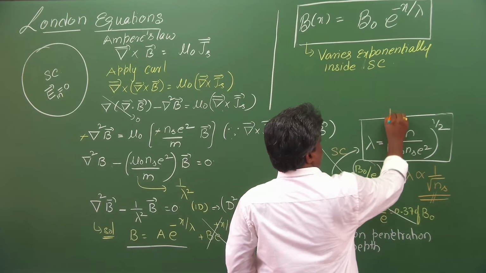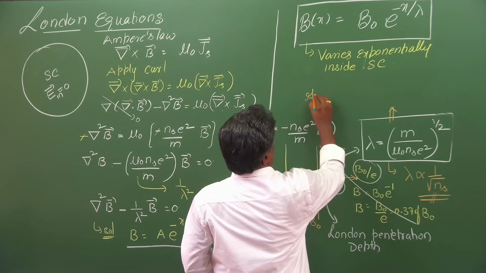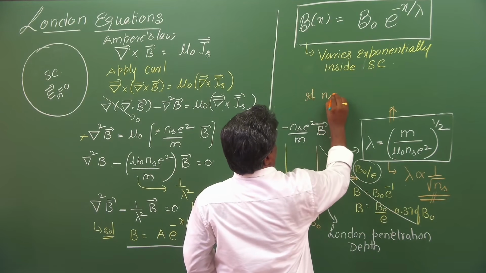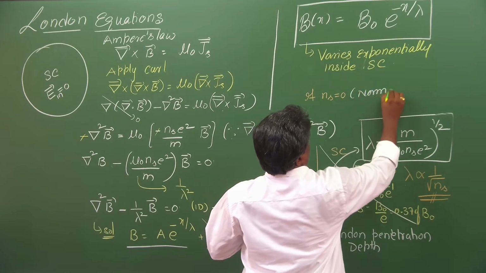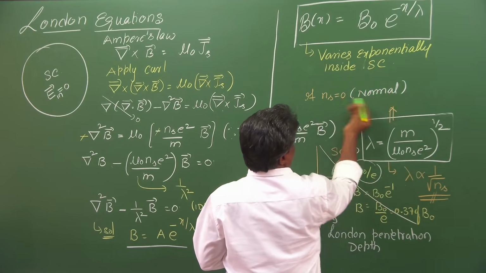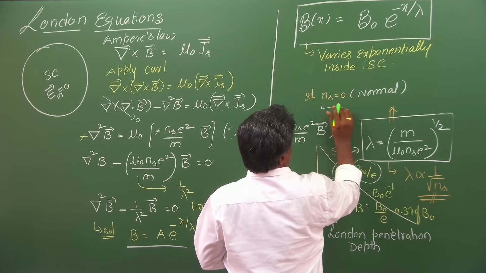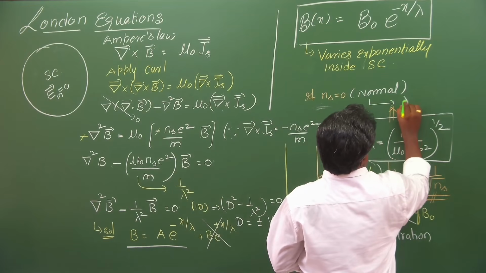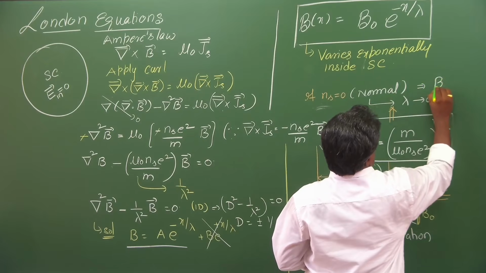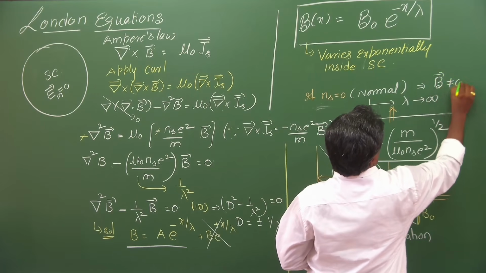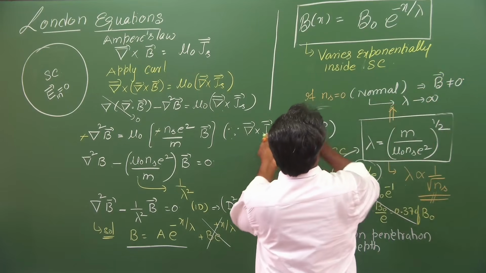If you are interested, please write that. If ns equal to 0, this is for a normal conductor, no ns. That's why for a normal conductor, lambda tends to infinity. What is the meaning of this? The magnetic field is never 0 for a normal conductor.